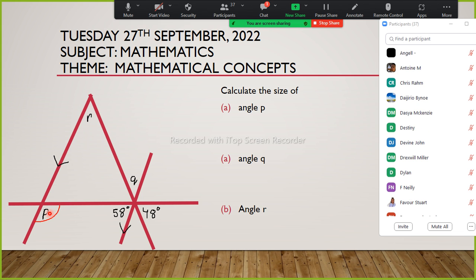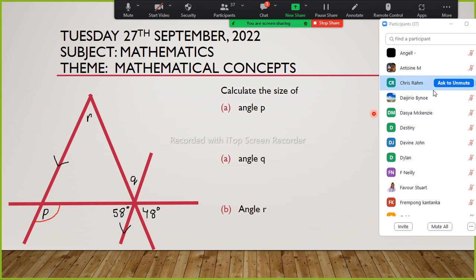How are you going to get angle P? I guess it's 58. You guessed 58. Drexwell Miller, any thoughts? I want angle P. This one, the same angle.